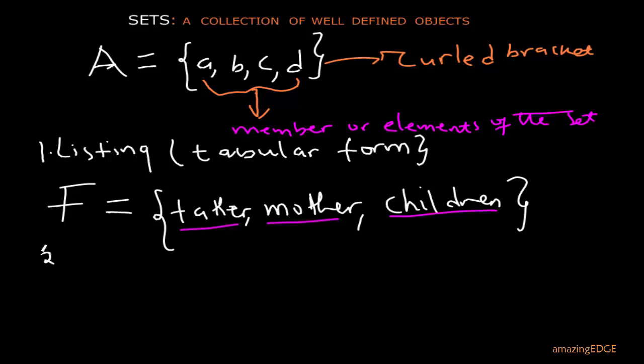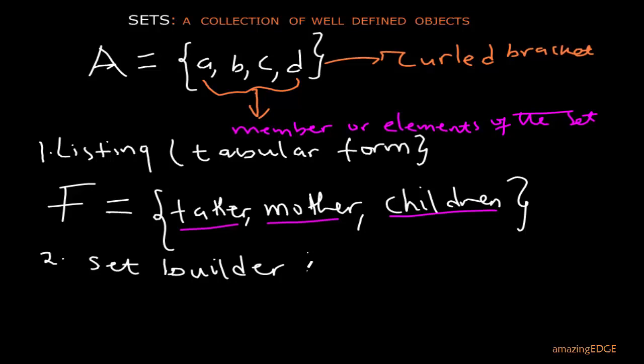We're talking about defining a property, or what we call the set builder, as another way of writing. In this type of describing a set, you are not going to list the members of the set. What you will do is give a rule that determines the elements of the set. So you define a property that gives you what that set should be.